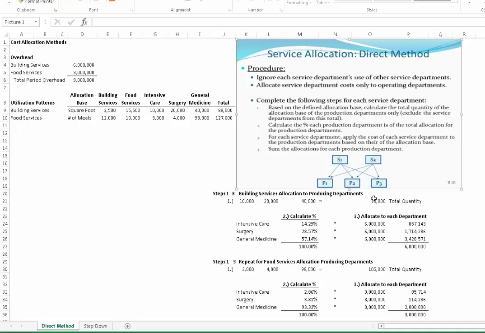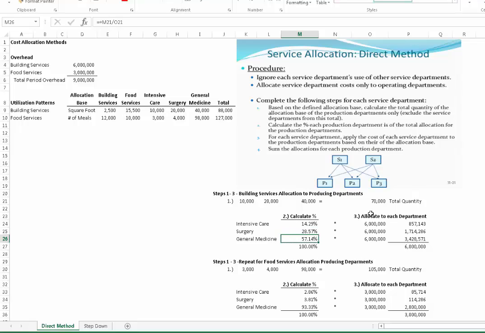So 1, we need to get the total. 2, calculate the percentage each producing department is of that total. This is the formula: 10,000 divided into 70,000 gives us 14%, then 20 into 70 gives us 28%, and last but not least general medicine is 57%.